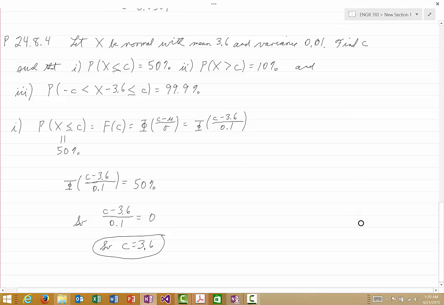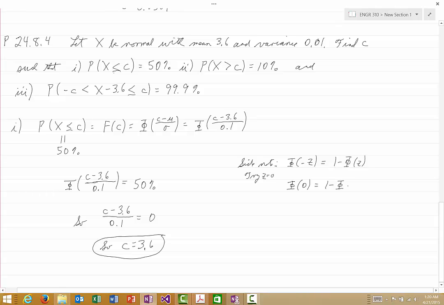So this will be just a side note. Phi of negative z equals 1 minus phi of z. And if we try z equals 0, what does this tell us? Well, negative 0 is 0.